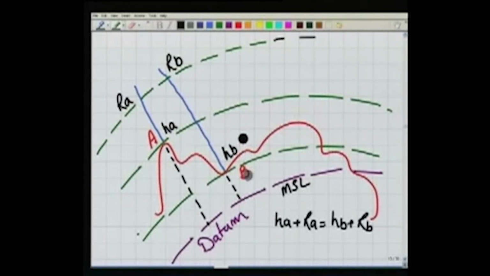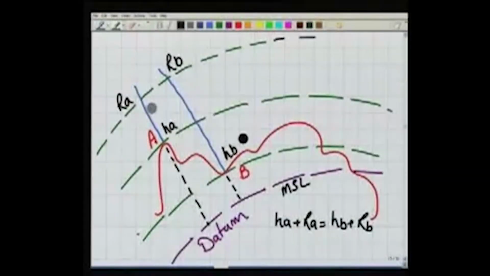In order to do that, because now my area is big, I cannot take the horizontal plane. Rather, at B I draw a surface which is parallel to mean sea level, or we can say passing through B is a level surface.